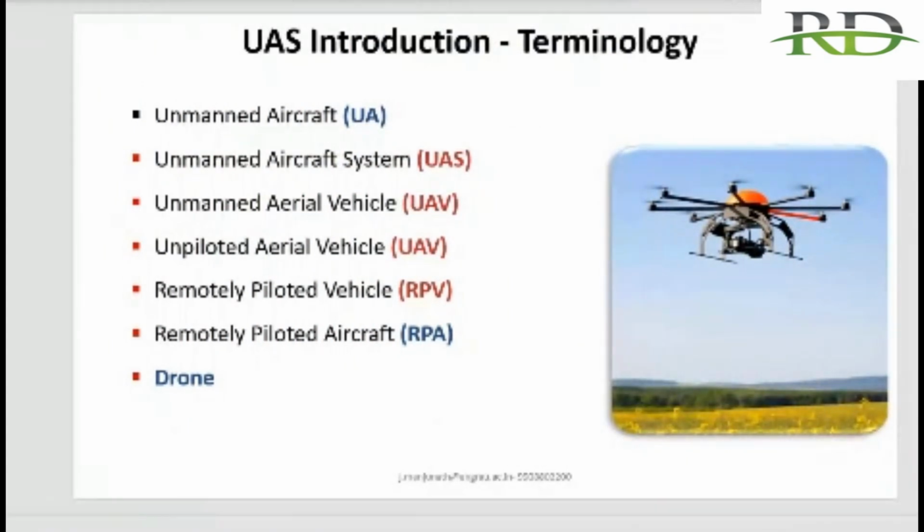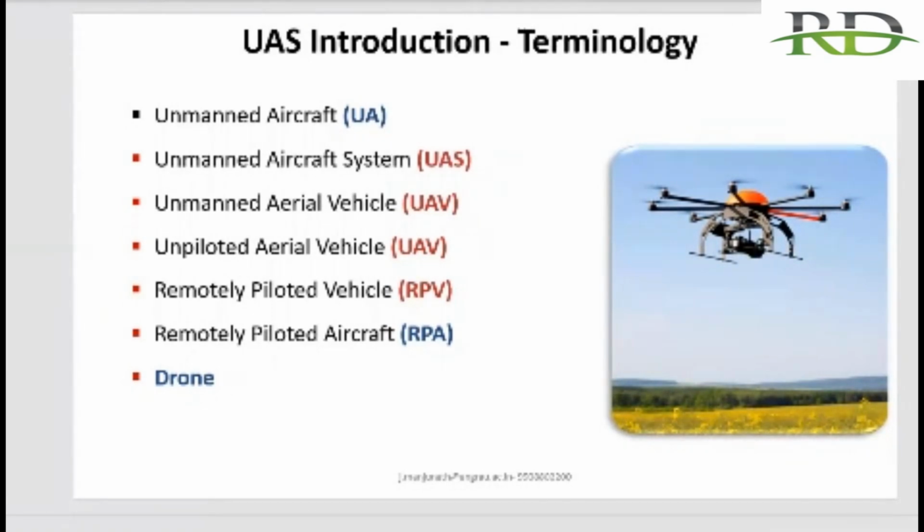Next, the UAS, that is, unmanned aerial system. There are some very important terms we can use. First it was called unmanned aircraft, and later UAS, that is, unmanned aircraft system.